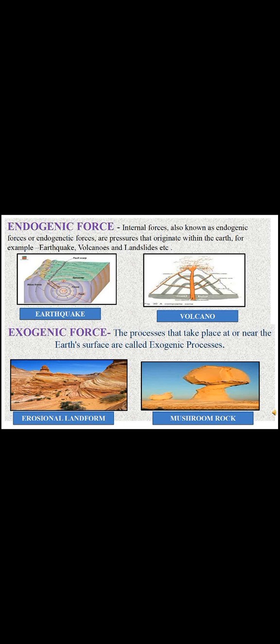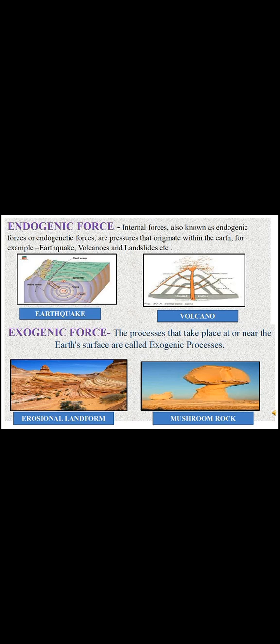The first picture is an earthquake. The force which mainly takes place inside the earth leads to landforms, not only constructive features but also destructive features. Similarly, volcanism is also caused by endogenic force.